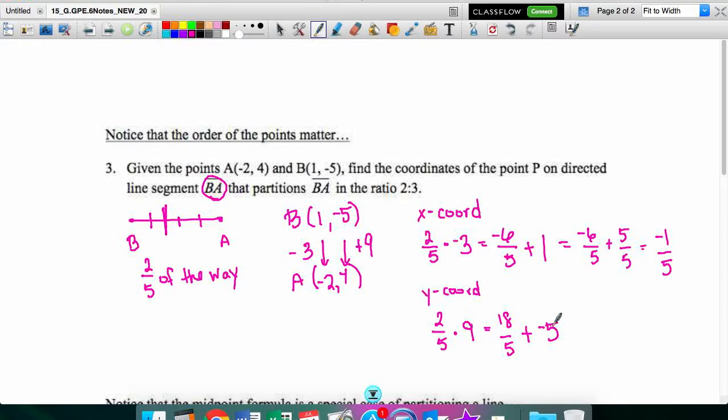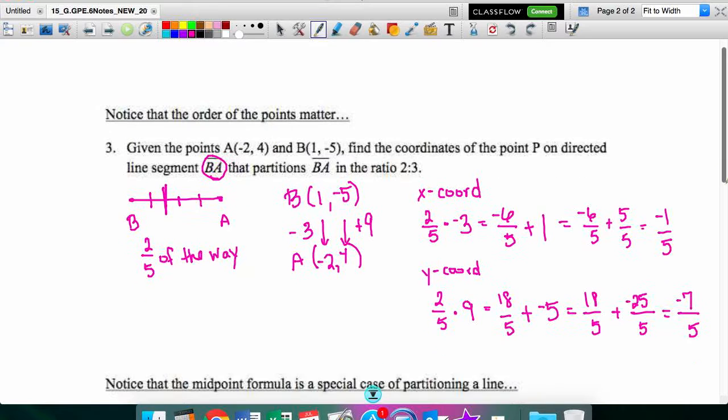This time we're going to move away from -5, our y coordinate of B. Again, I'm going to quickly go through the math here, making a common denominator. -5 is -25/5. And adding our 2 fractions together by adding the numerators, I get -7 on top over our common denominator 5. So negative 7/5. So our new point is going to be negative 1/5, comma, negative 7/5.